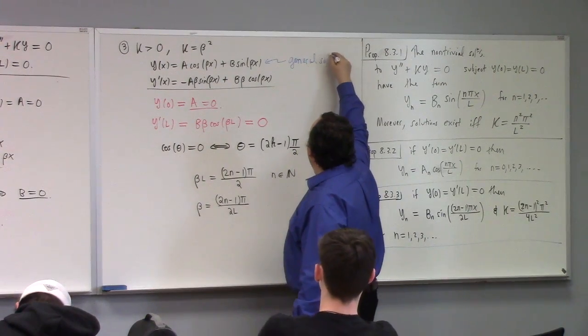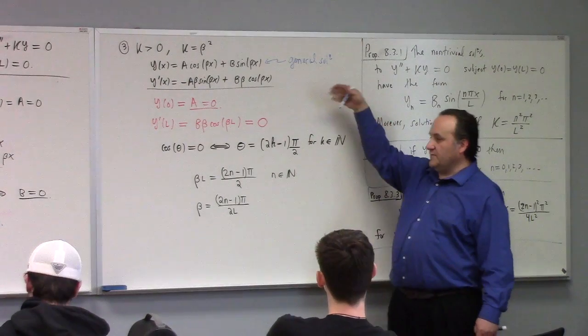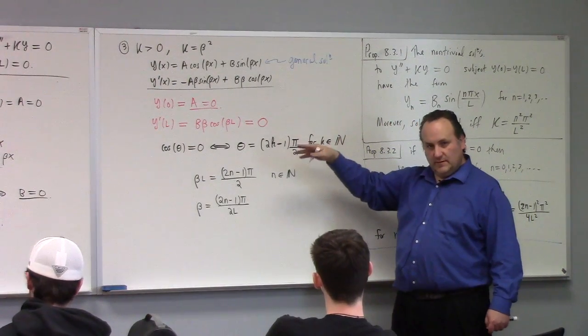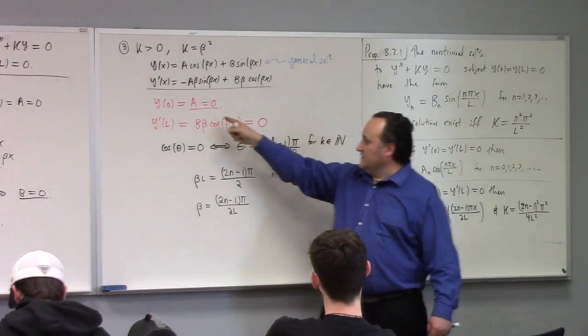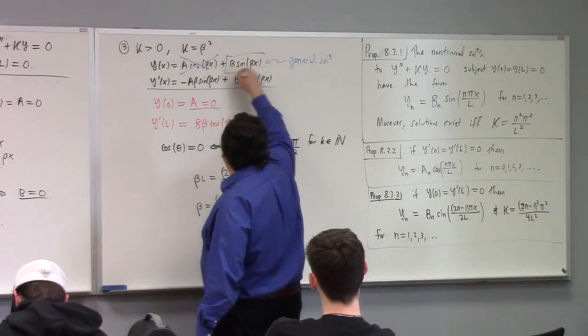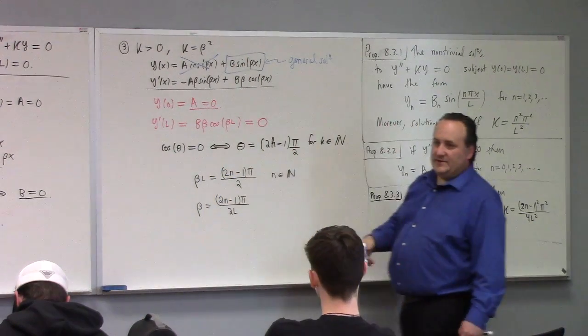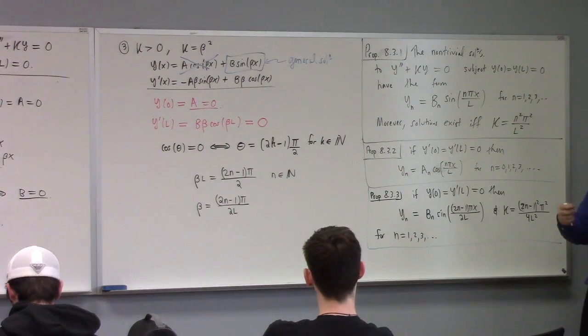No, it's a good question. We differentiated it. We applied the boundary condition, and that gave us the equation that A equals 0. A equals 0 blanked this piece out, right? And so we're just left with that piece. And then I slapped an n on it to recognize that there's not one solution. There's one for each possible n.